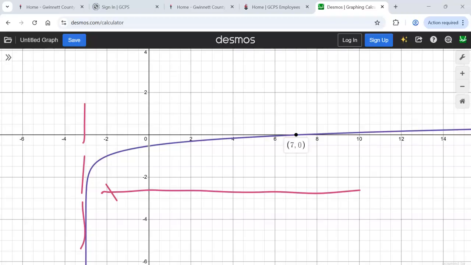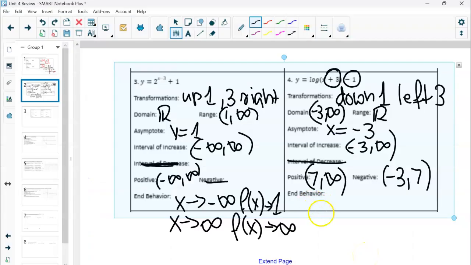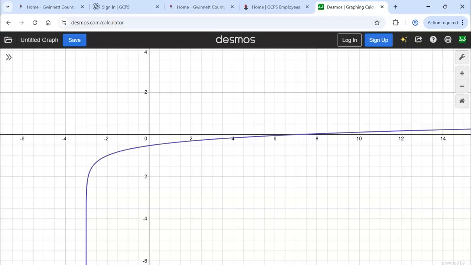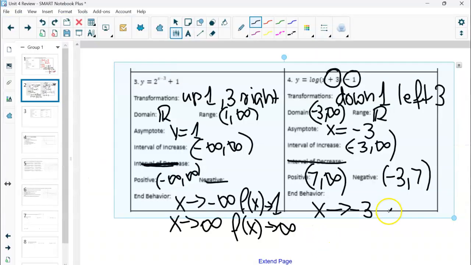So as x is approaching my asymptote, which is at -3, when I reach that asymptote, my function travels down. So f of x is going to -infinity, all right?